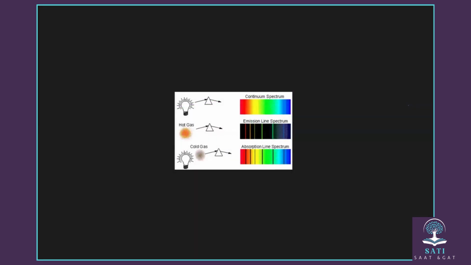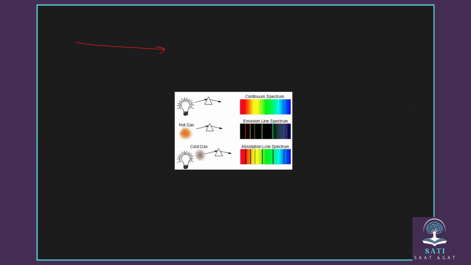To understand this idea more deeply, as we know, light that comes from the sun as white light contains all the 7 main colors of light, which are red, orange, yellow, green, blue, indigo, and violet.